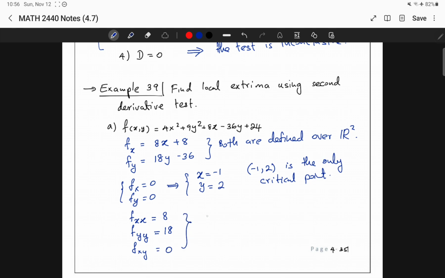So the discriminant is the product of these two: 8 times 18 minus 0 squared, which is a positive number. Now the discriminant is positive and the second order partial derivative with respect to x is also positive.